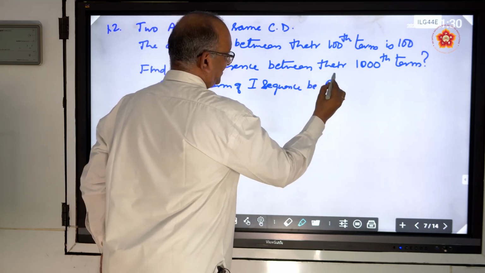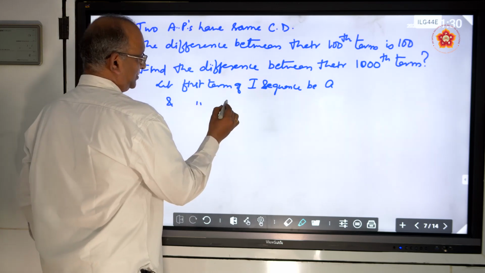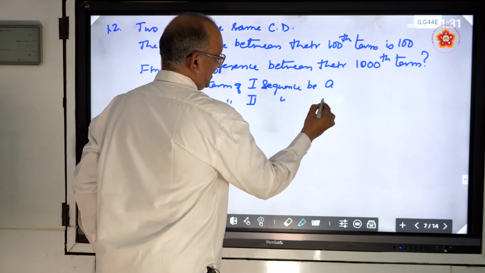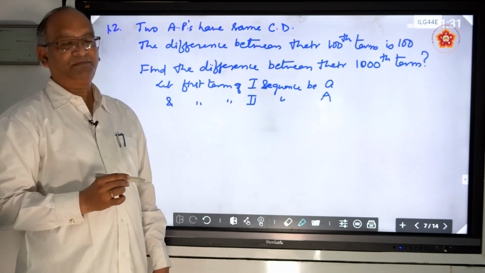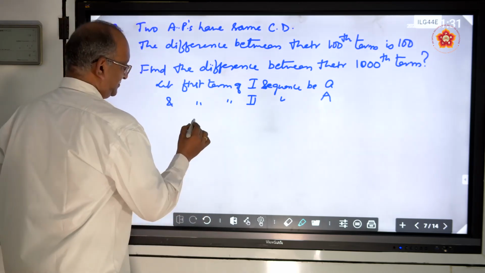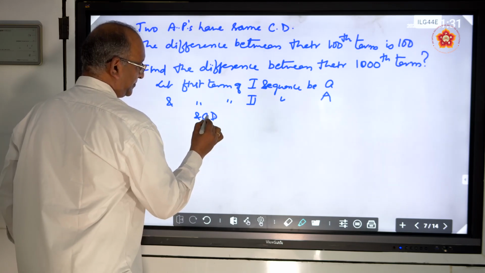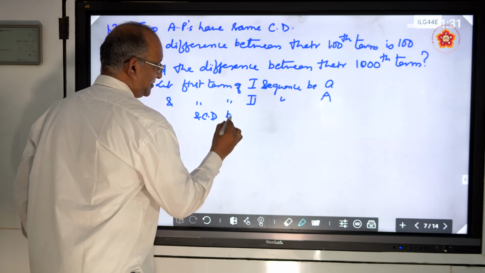But remember, the common difference is the same, and let the common difference be D.